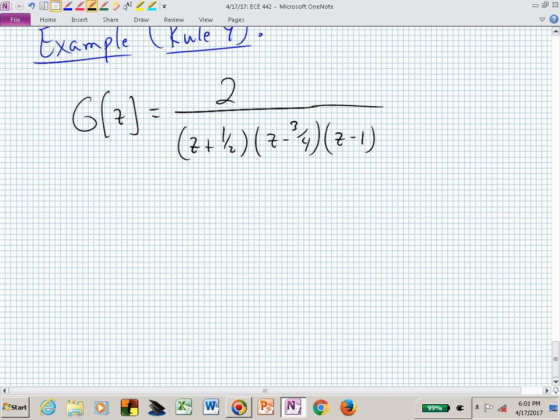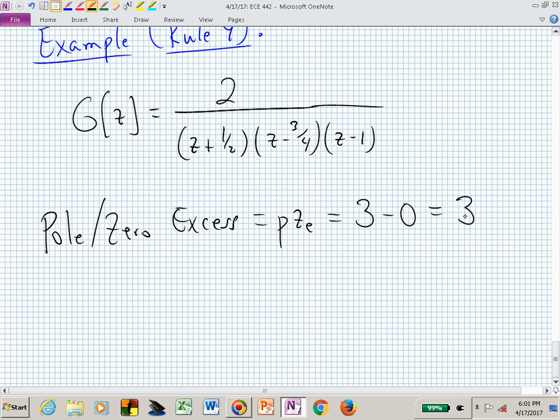How many poles do you have? 3. And how many finite zeros? 0. Not 3. So now we have 0 finite zeros, 3 finite poles, so that our pole zero excess, which is the key property of rule number 4, I was labeling PZ sub E, is 3.